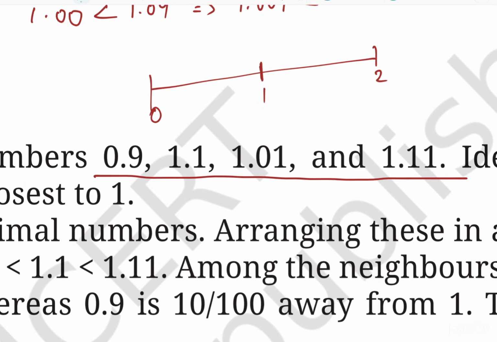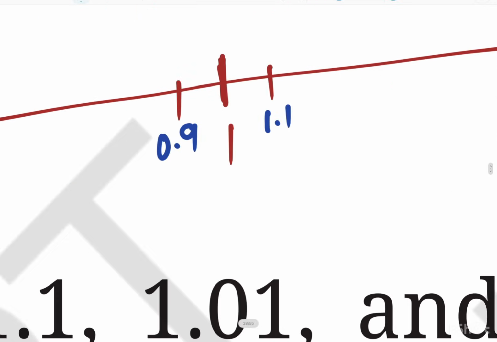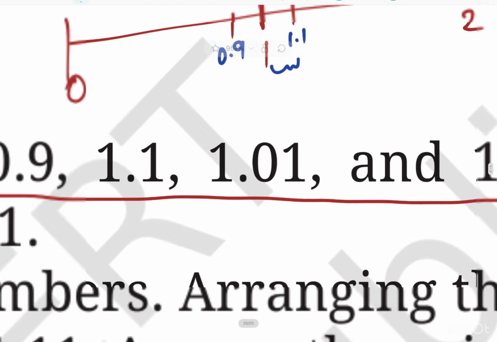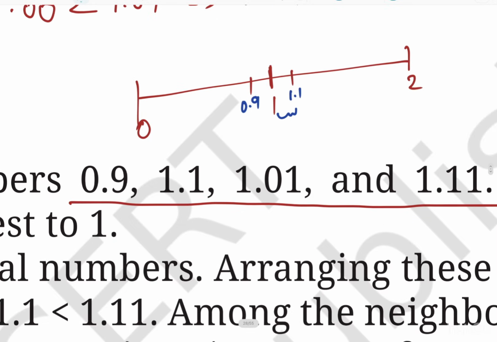Then 0.9 is here, and 1.1 is here. 1.01 is in between 1 and 1.1.